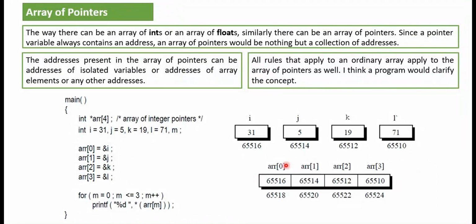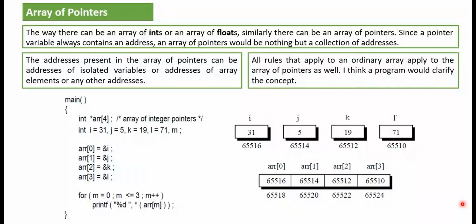Okay, you will see these addresses are decrementing, because while we are initializing i, j, k, l, these variables have taken certain addresses. So it is not necessary that they occupy a sequence, but the pointer array which is present here will be stored in sequence. It starts from 65518 and is stored at 20, 22, 24, in a sequence of 2 bytes.